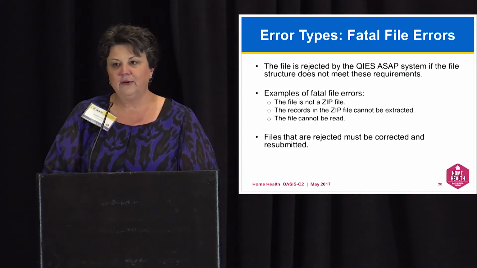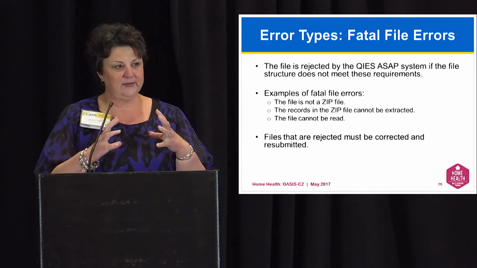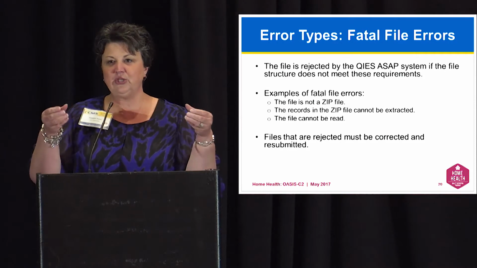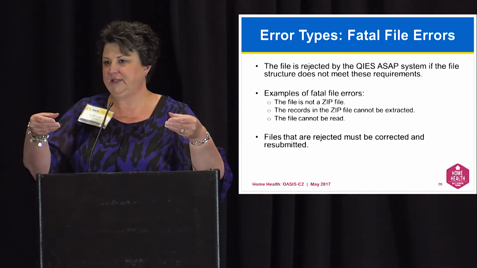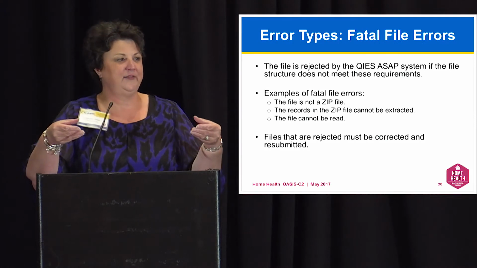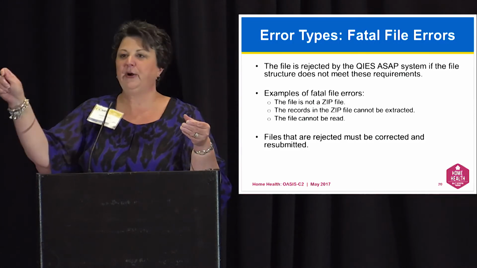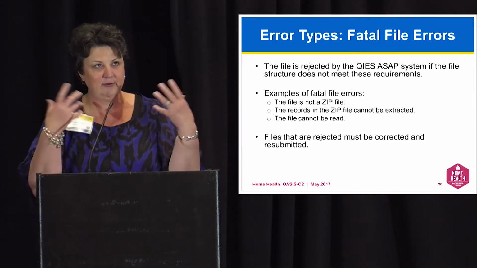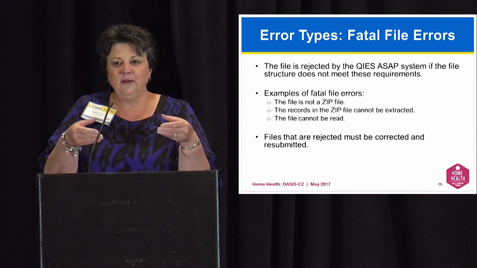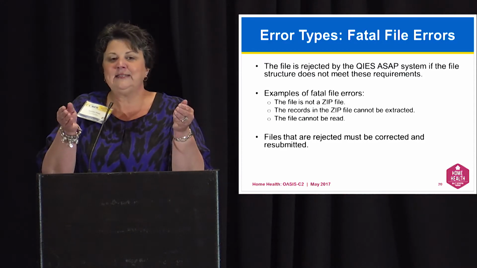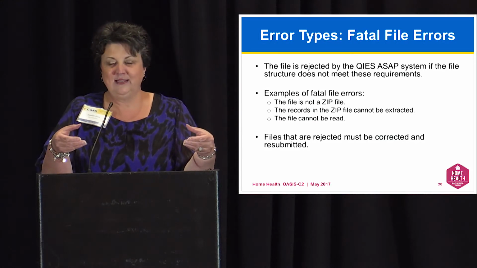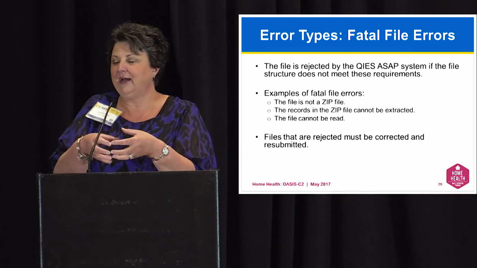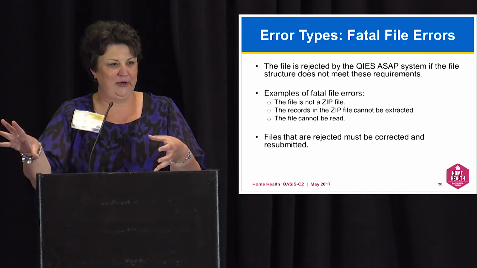When you think about files and records, think about one of those giant manila interdepartmental mail envelopes that has tons of stuff heading to Department X in your agency. So think about the file as that big giant manila envelope on the outside that says all of these pieces inside are heading to that other department.